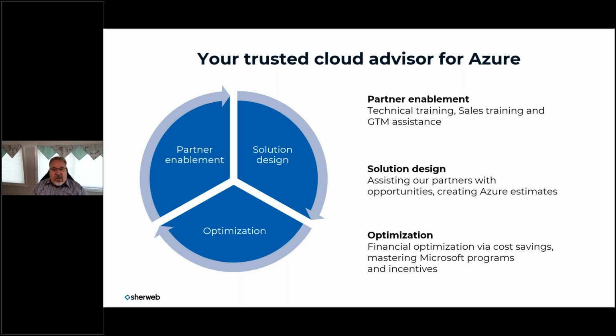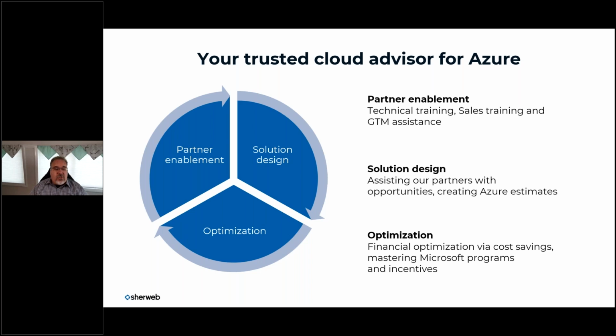We can help with partner training. So if you and your team are looking to get educated in and around Microsoft Azure, we can certainly assist you. You're going to see later at the end of this deck, there are a number of presentations around Microsoft Azure that are coming your way.